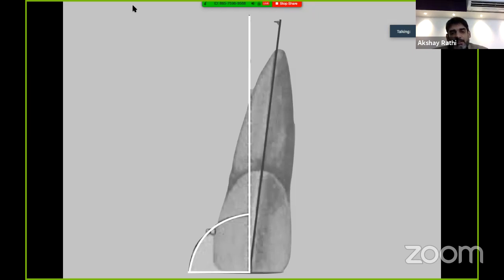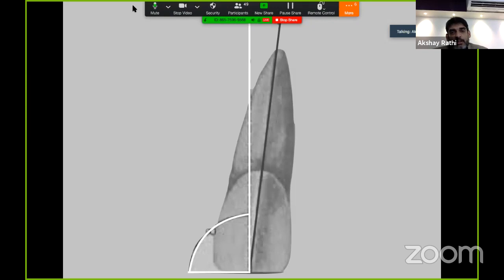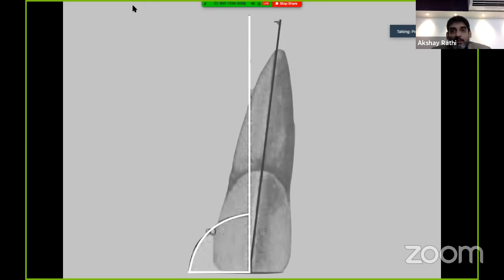Look at this picture and try to identify whether this incisor is from the right quadrant or from the left quadrant. From the responses in the chat box, we have got left as the answer. Yes, that's good. So everybody is awake as of now.